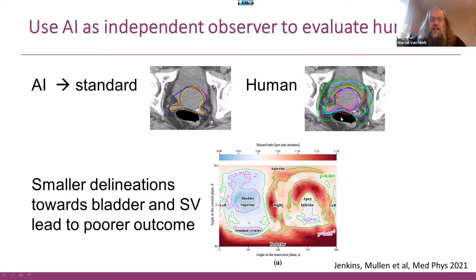This is exaggerated; they're not that bad, but basically what they looked at, here in a radial map, is what happens to the clinical outcome when the contour is bigger or smaller in a particular area around the target. What they showed is that if you increase the delineation around the bladder and the seminal vesicles, you get a better outcome. And correlated to that is a decrease of the targets in other directions.